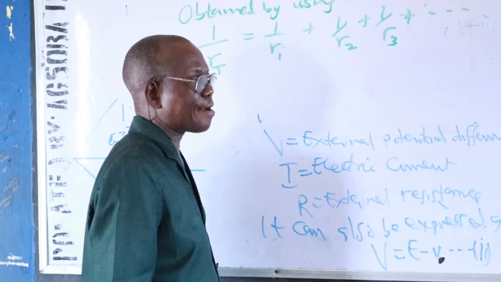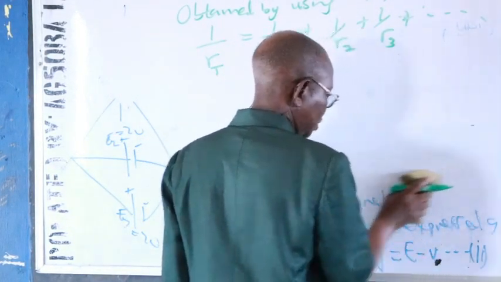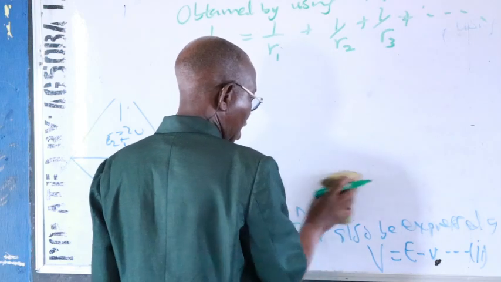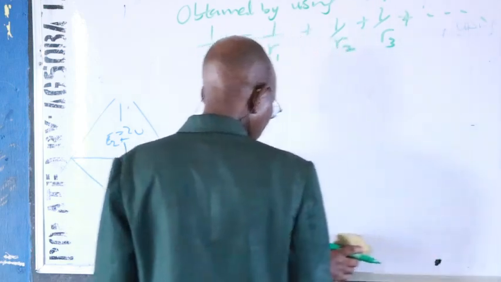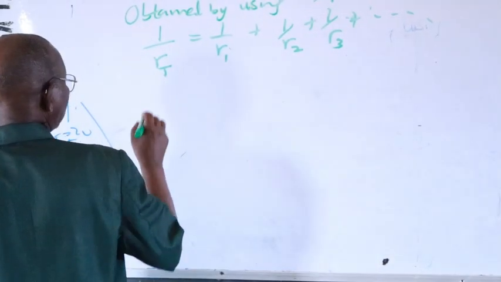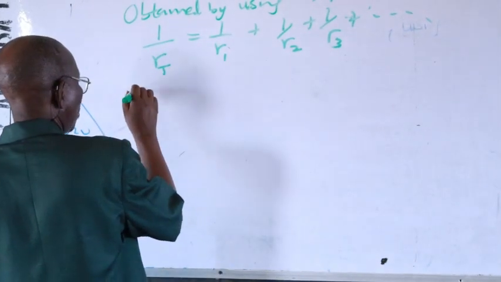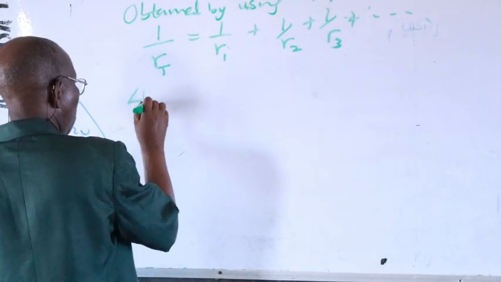Effective external resistance. Effective internal resistance. That's number 4 of the quantity obtainable. 4.